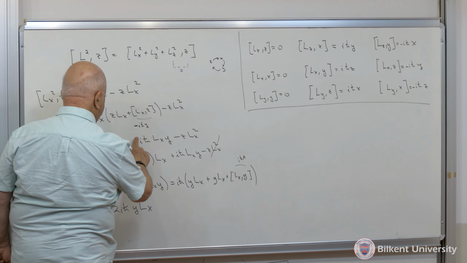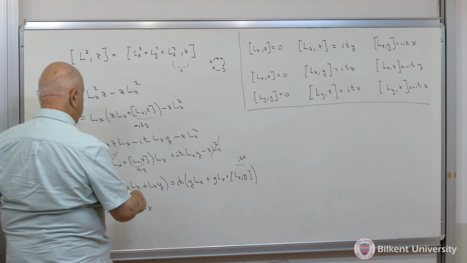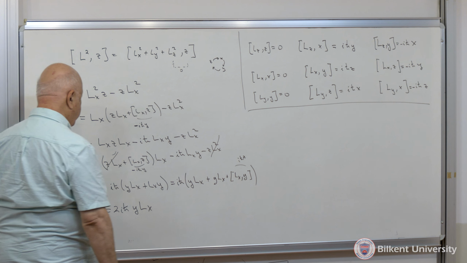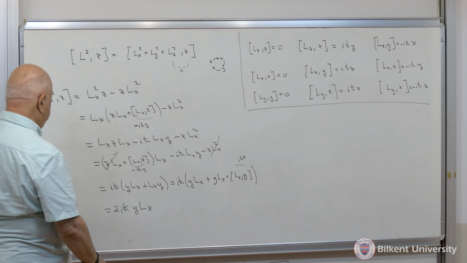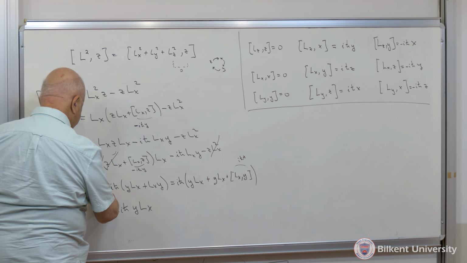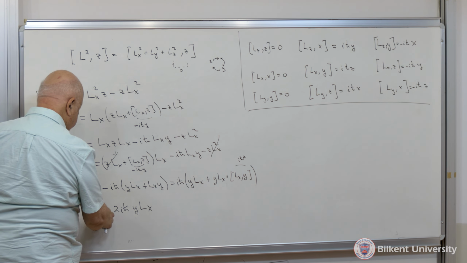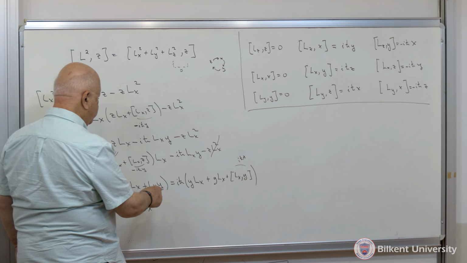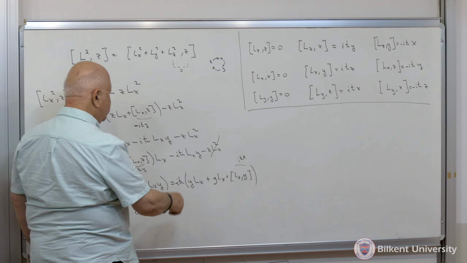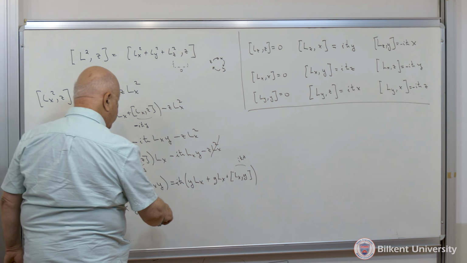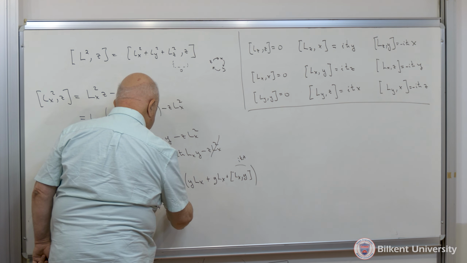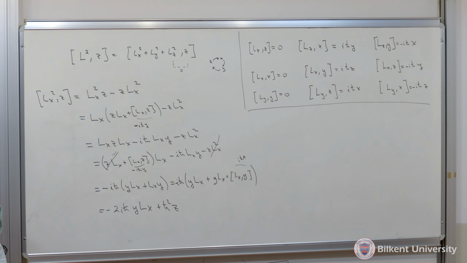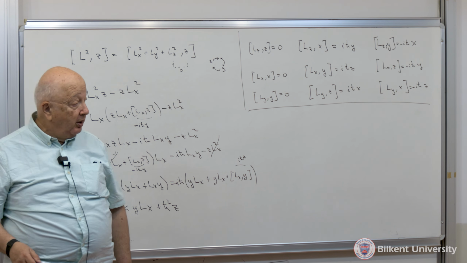So that's going to be minus, and this is going to be minus, which means I'm going to get minus i h bar, and this is going to be minus, so I get the plus h bar squared z, which I like.